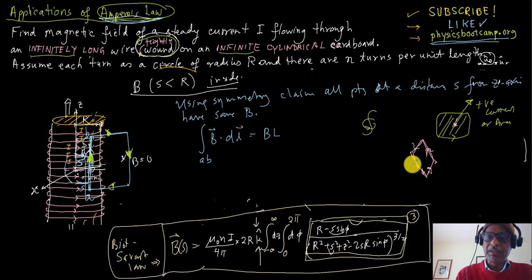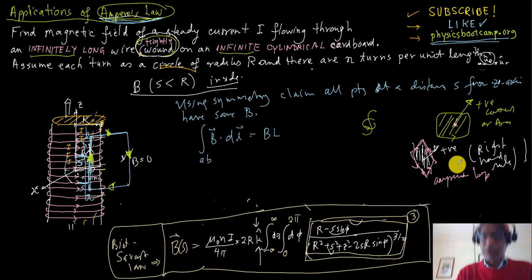So if I go this way in a loop, this Amperian loop, then the inside area is positive that way. This is using the right hand rule. I go around, and wherever the thumb points is the direction in which I would have a positive area or positive current.